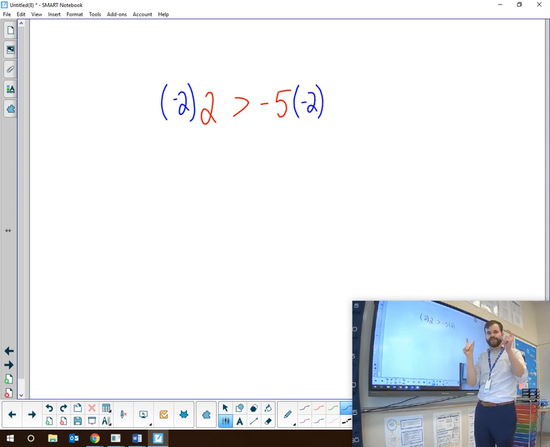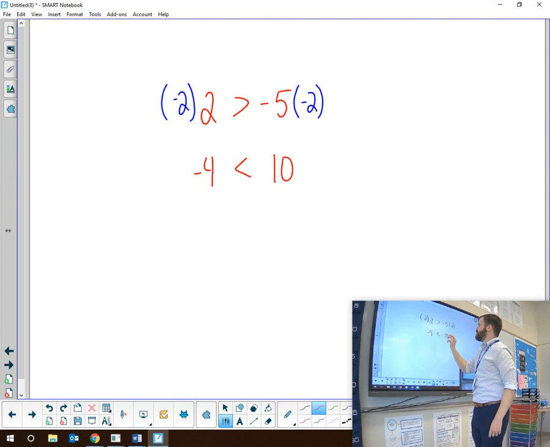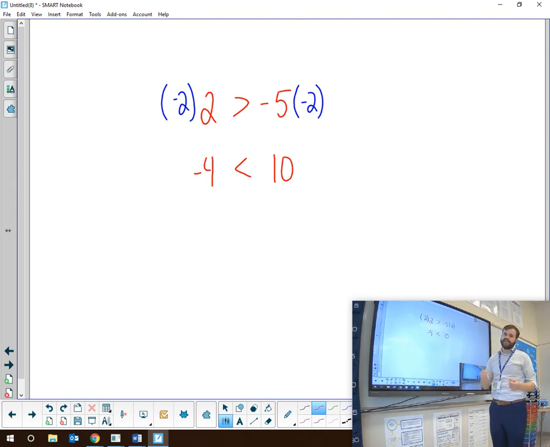You can do the same thing to both sides of an equation. It stays true. But let's see here. -2 times 2 is -4. -5 times -2 is a +10. Is -4 greater than 10? No. So I have to flip the sign. If you multiply or divide both sides by a negative, you have to flip the sign.